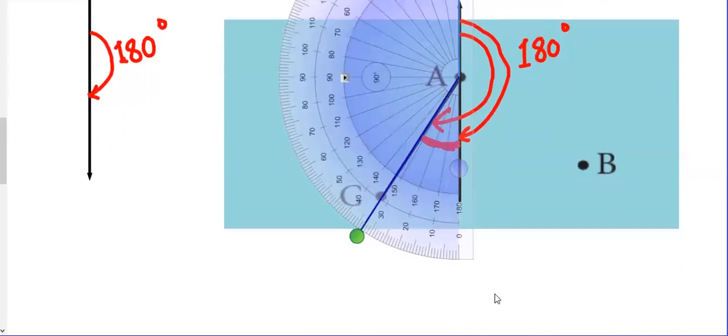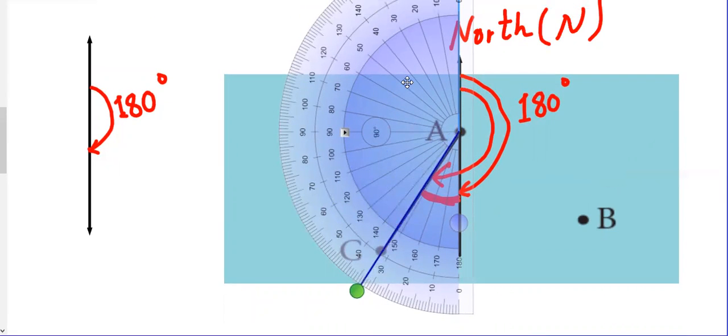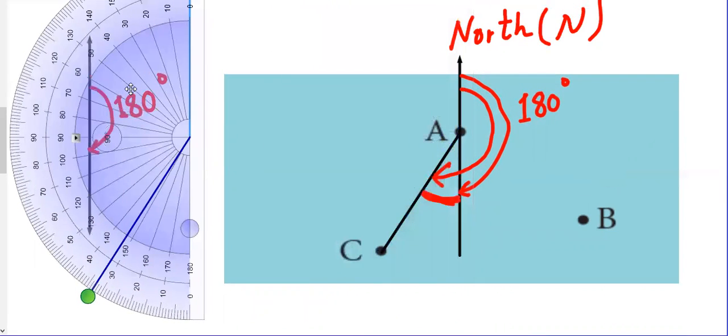How do we read this line? We read this outside number, 0, 10, 20, 30, until we hit that line. This is 30, 31, 32, 33 degrees. So that portion is only 33 degrees.